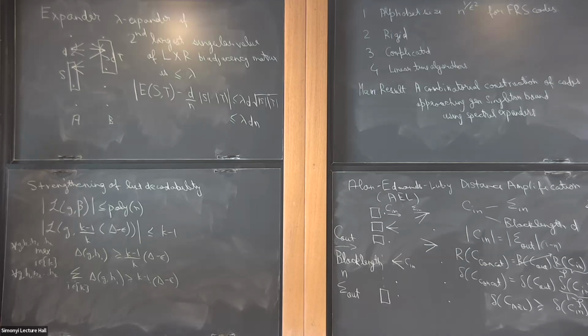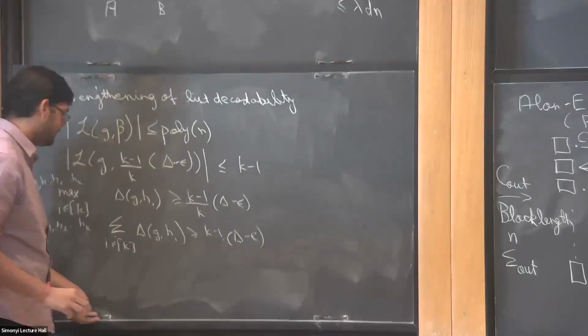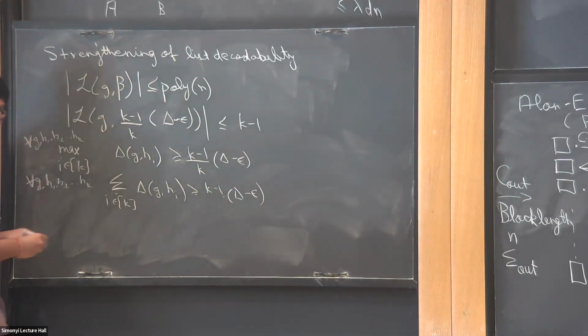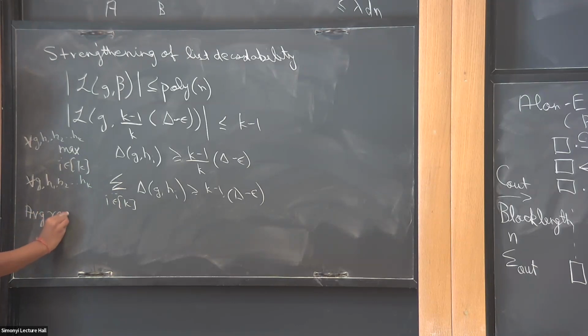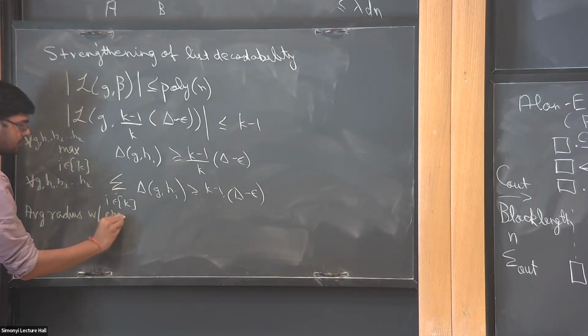And the final strengthening that we need is, so this is called average radius list decodability for clear reasons. We are looking at the average distance. So final version that we will need is average radius with erasures.